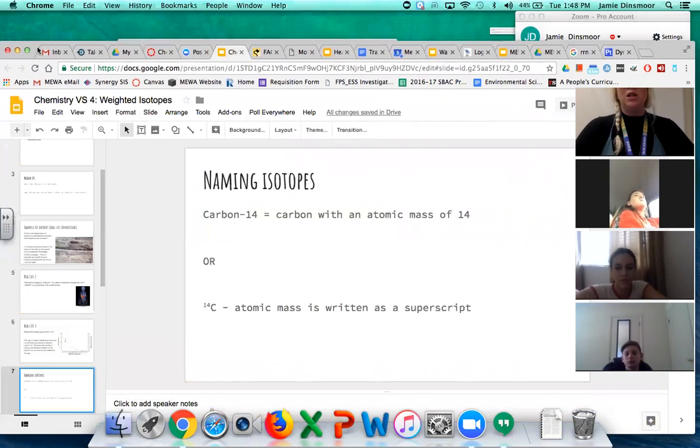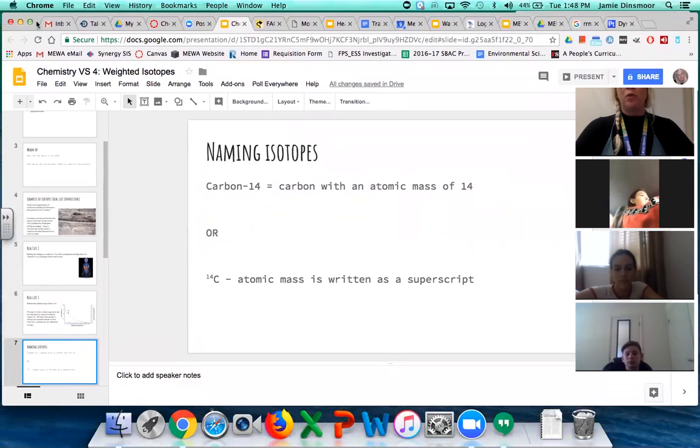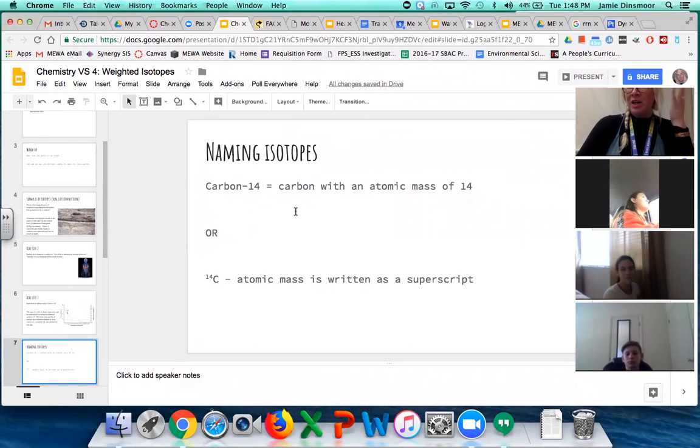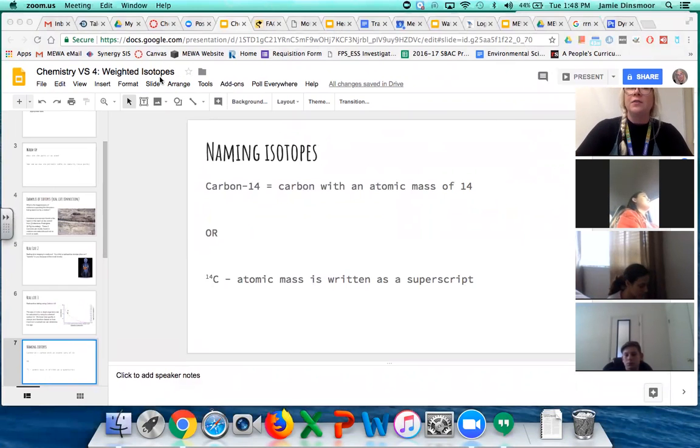What does that mean to have carbon-14? If we have a bigger atomic mass, it's positively charged. That's a good guess. No, isotopes are still neutral. They're still a neutral substance. In this case, we're going to talk about carbon. So carbon usually is 12.011 as its mass. In this case, we're saying carbon 14.